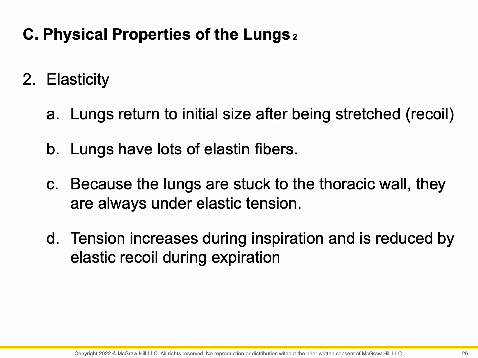They are always under elastic tension, and the tension increases during inspiration and is reduced by elastic recoil during expiration. So again, this is elastic recoil, where the lungs with high elastic recoil, those that are considered stiff lungs, as in fibrosis, have low compliance, while those with low recoil, such as emphysema patients, have high compliance.